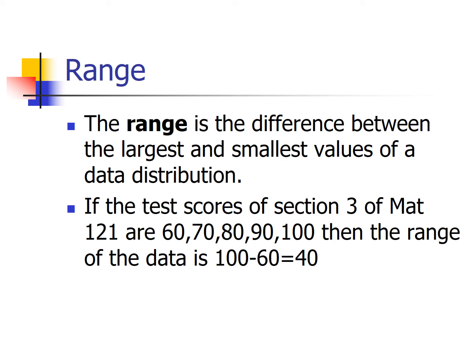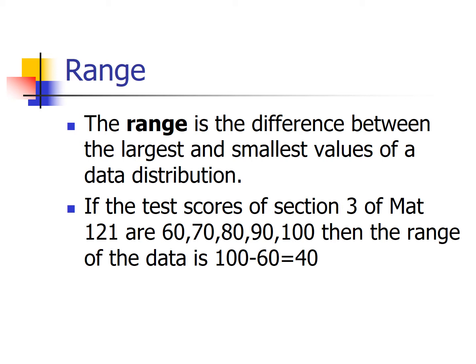So for example, if the test scores of section 3 of Math 121 are 60, 70, 80, 90, 100, then the range would be the largest, which is 100, minus the smallest, which is 60. So that would give us 40. Think back to section 1. Section 1 had the 68, the 70, and the 72. The range in section 1 would be 72 minus 68.